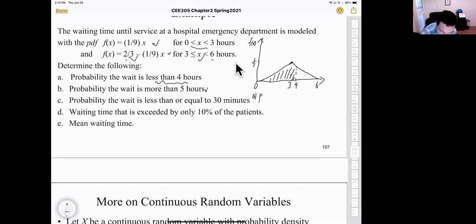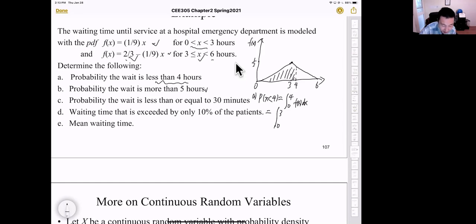Part A, P(X less than 4), which is equal to the integral of f(x) dx between 0 to 4. So that includes two parts. One is from 0 to 3.